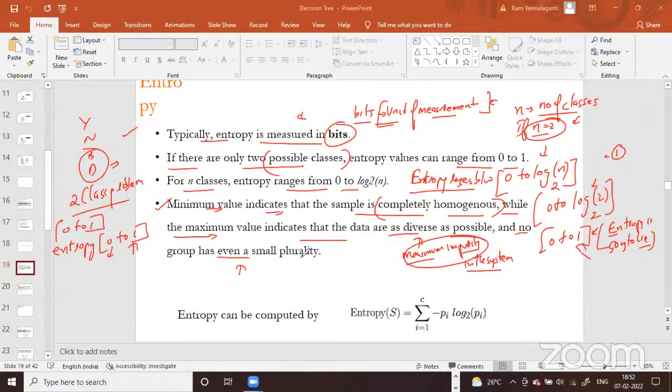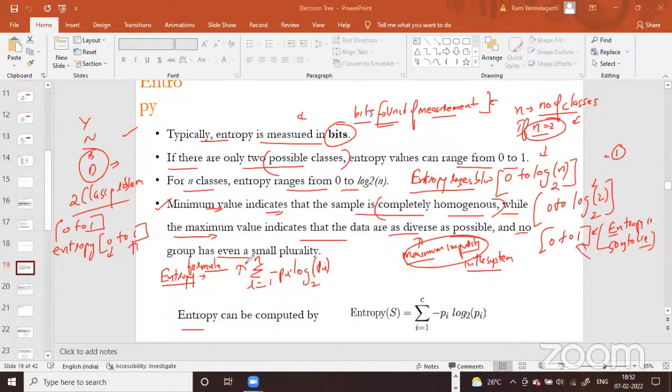Now, how can you mathematically compute your entropy? How can you find out mathematically what the entropy for a group is? What is the formula? Sigma i is equal to 1 to n, minus p of i into log p of i to the base 2.